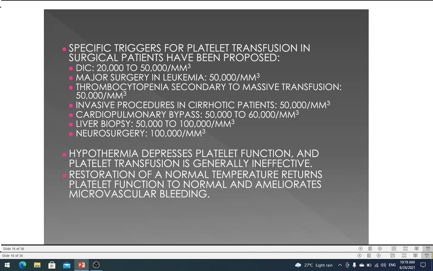Anyway, another thing to remember about platelet-rich plasma, that is platelet transfusion. I'm talking about platelet transfusion here. Hypothermia decreases the function of platelets. I told you stored blood as such decreases the function. So especially in a hypothermic situation, the function is even lower.